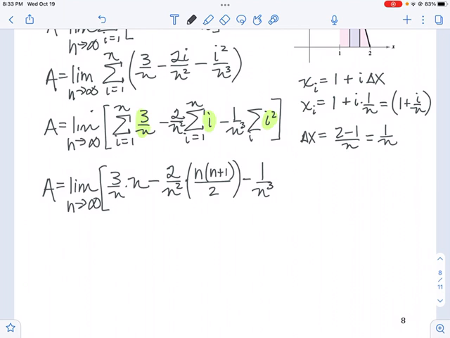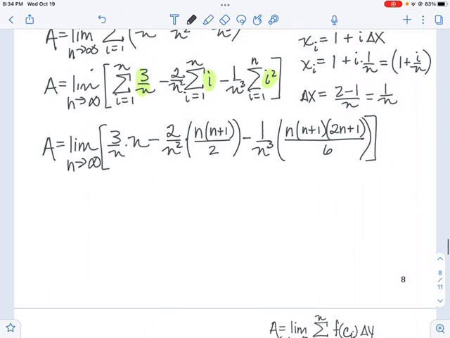And then minus 1 over n cubed, times the summation of i squared, which is n times n plus 1 times 2n plus 1 over 6.